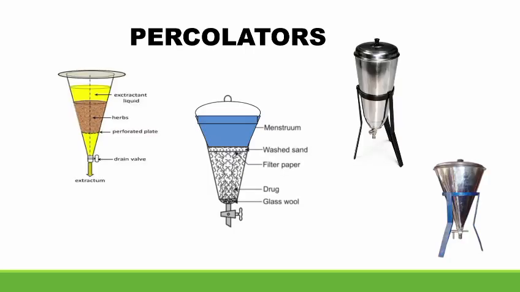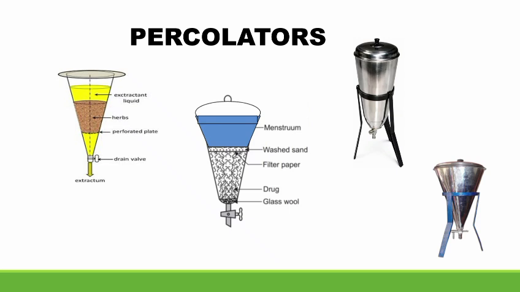Two shapes of percolators are used. Most commonly it is used in the industries, and somewhat it is also used in the laboratories in the colleges for the percolation process.